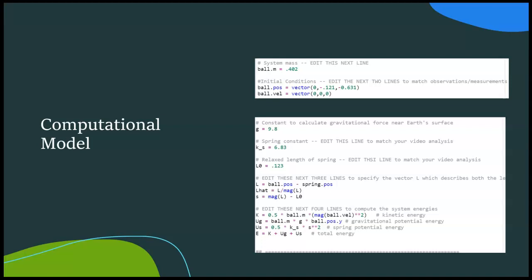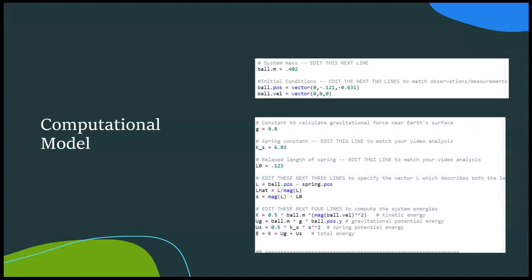We define the gravitational constant and the spring constant, which we get from the period formula. We rearrange T equals 2 pi square root m over k to get k equals 4 pi squared m over T squared. Using the formula k times L minus L naught, we use our defined values to calculate L naught, which we get to be 0.123.